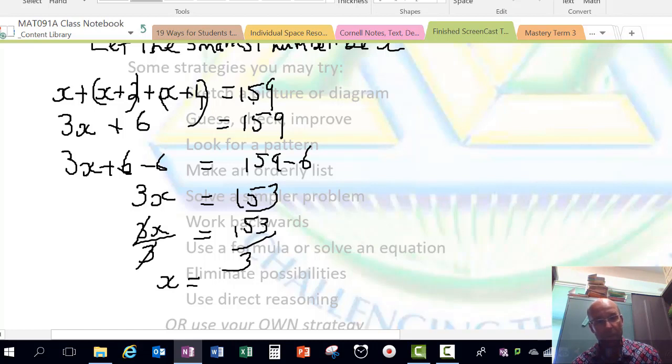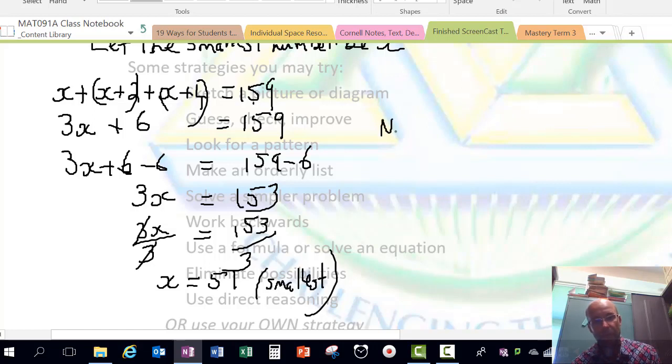153 divided by 3, well, I know that 15 is 3 times 5, so 150, it'd be 3 times 50, and another 3 on the end makes it 51. So that is the smallest number.